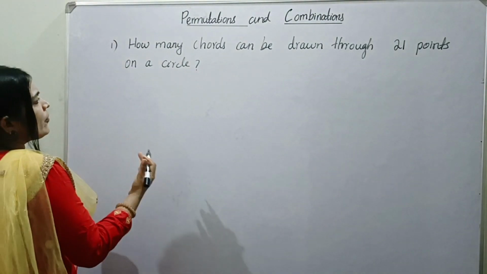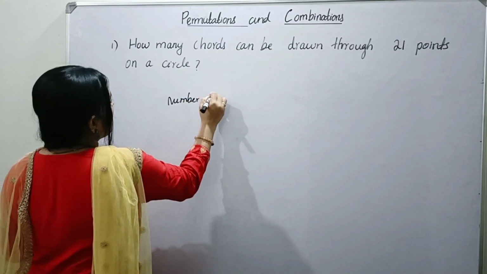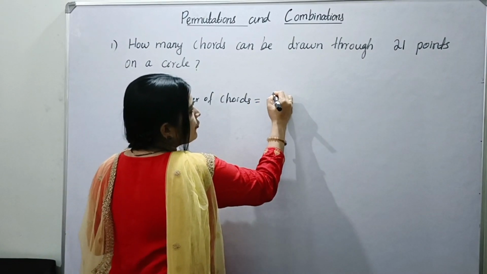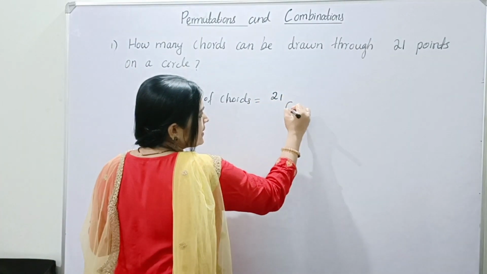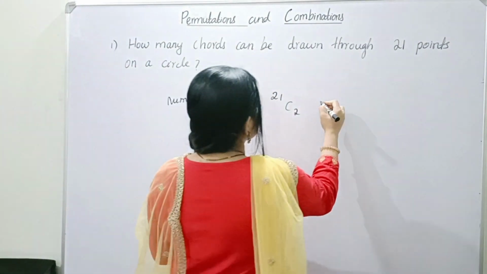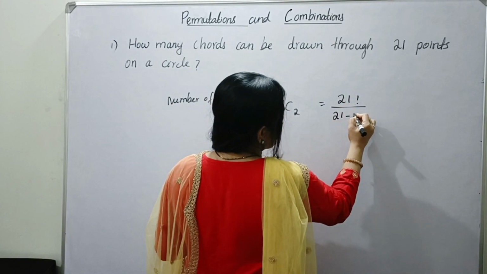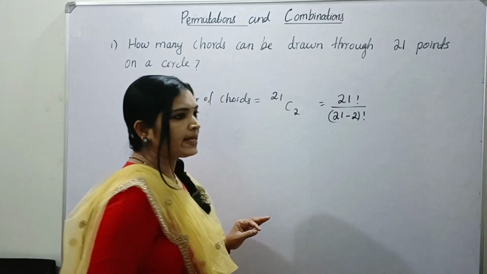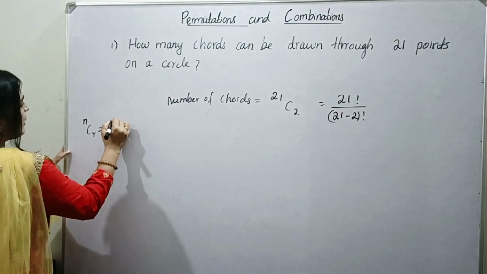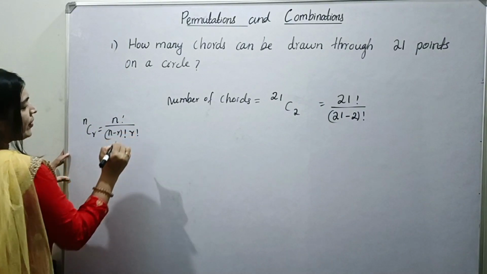So the number of chords is equal to, from 21 points, selecting 2 at a time, 21C2, that is 21 factorial divided by 21 minus 2 factorial. What is nCr? nCr is nothing but n factorial divided by n minus r factorial into r factorial.